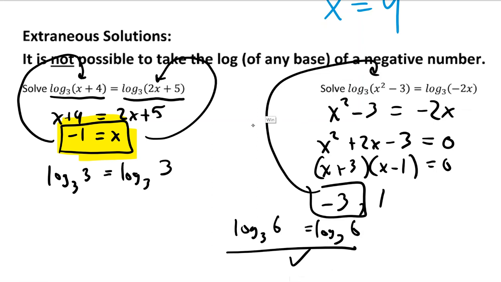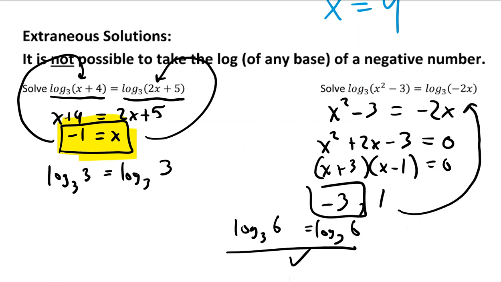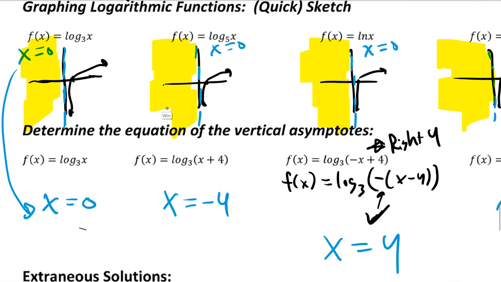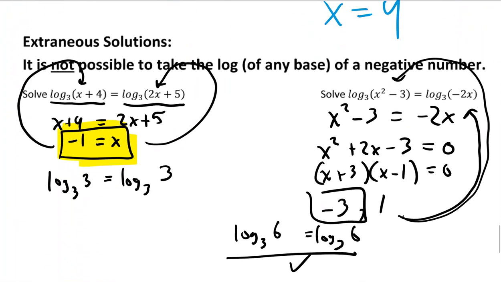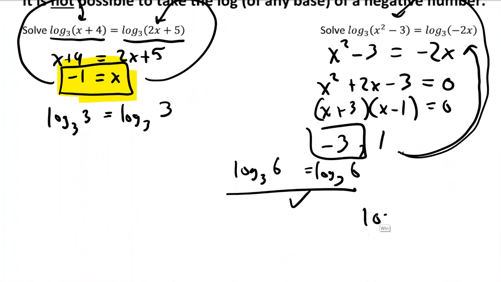But when I try to plug in 1, this would be log base 3 of negative 2, and this would be log base 3 of negative 2, which sounds okay, but you cannot take the log of a negative number. Logs don't exist for negative numbers. You can't have log base 3 of negative 2.